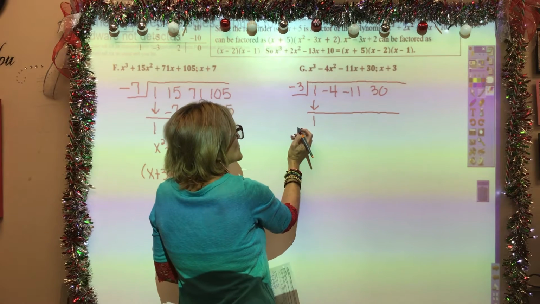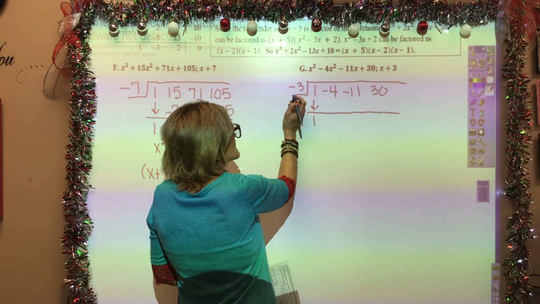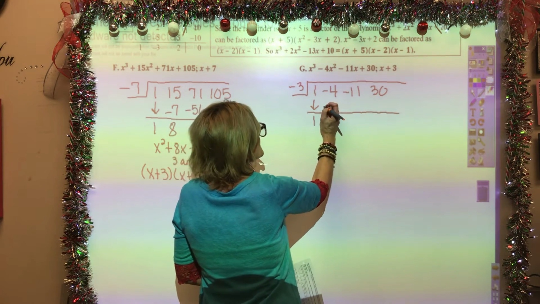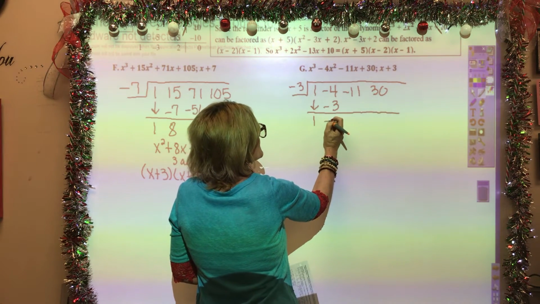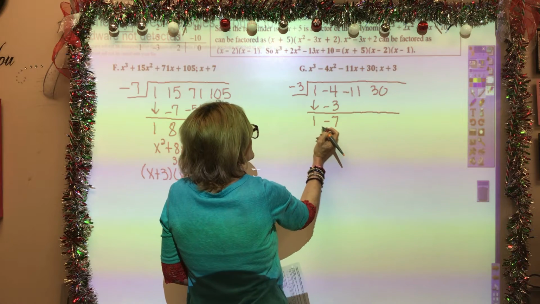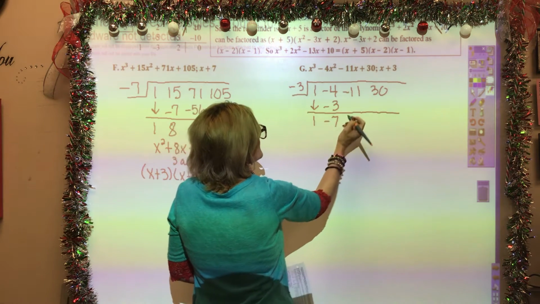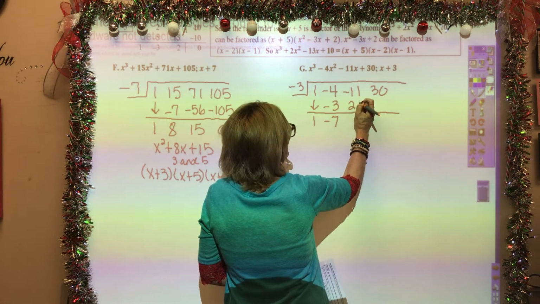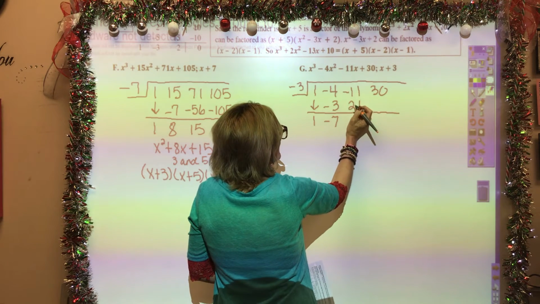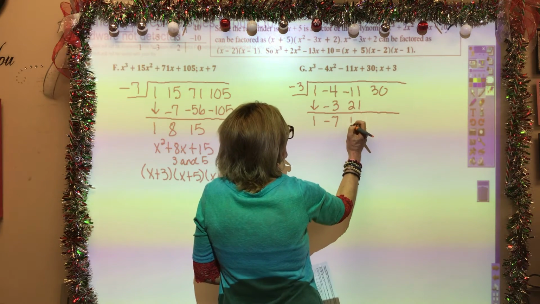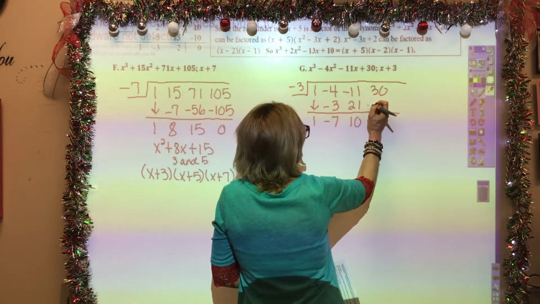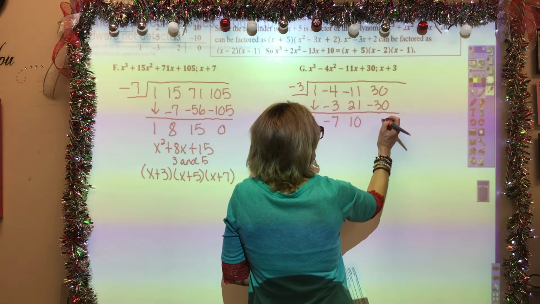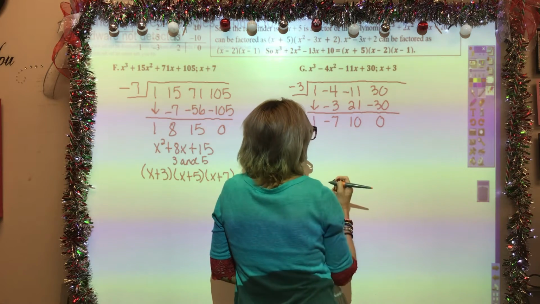Then we're going to start multiplying and adding. Negative 3 times 1 is negative 3. Negative 4 minus 3 is negative 7. Negative 3 times negative 7 is 21. Negative 11 plus 21 is 10. And negative 3 times 10 is negative 30, which leaves us with 0.